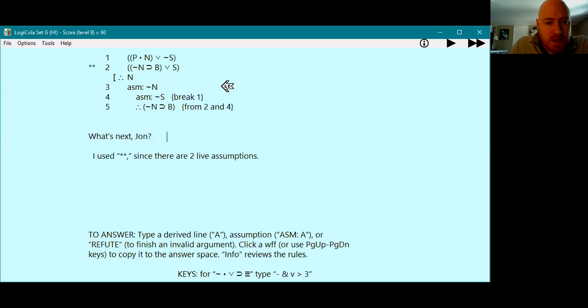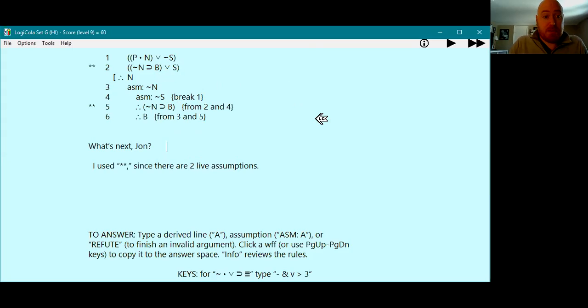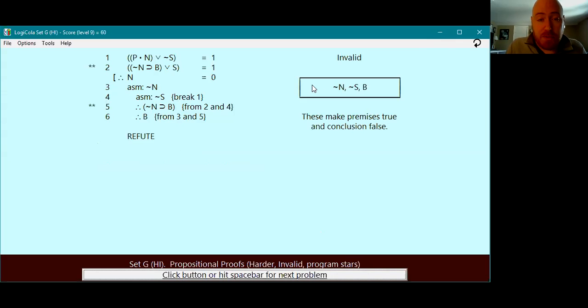So I assumed not S, and that makes this half of the disjunct false, which means this half of the disjunct is true. And now again, I've got if not N, then B, and I've got not N on line 3, so I can derive B. And again, I've got the values of not N, not S, and B. So once again, I've got enough to refute.